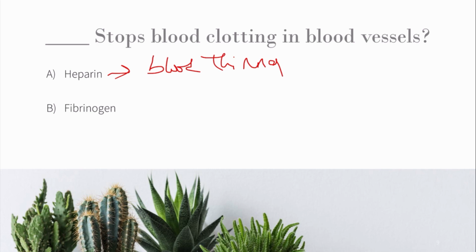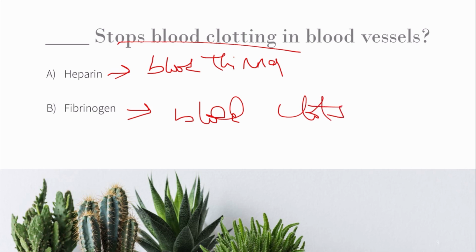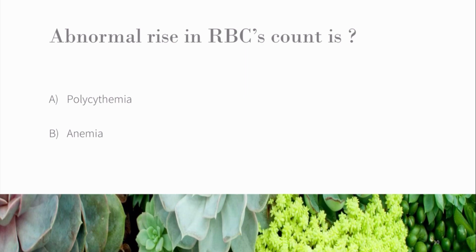So it stops blood clotting in the blood vessels. And fibrinogen helps in forming blood clots, which you learned about in the previous question. So the correct answer for this question is heparin, because it stops the formation of blood clots in the blood vessels.